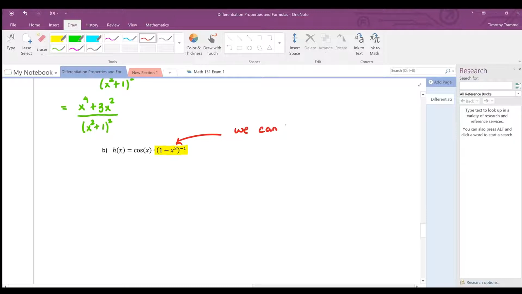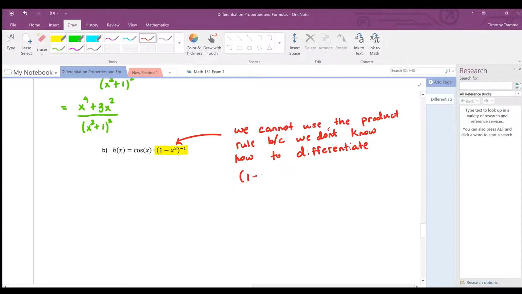So we cannot use the product rule because we don't know how to differentiate one minus x cubed to the negative 1.